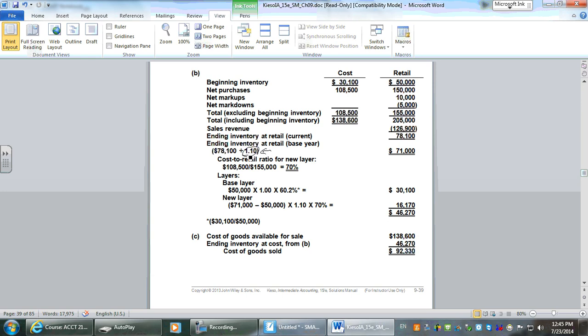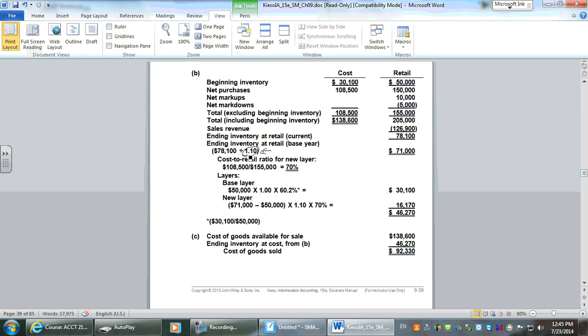So what we want to do is combine calculating our cost to retail percentage with deflating the prices back to the base year, and then reinflating for the new layer. So this gets kind of hairy, but it's going to look exactly the same.